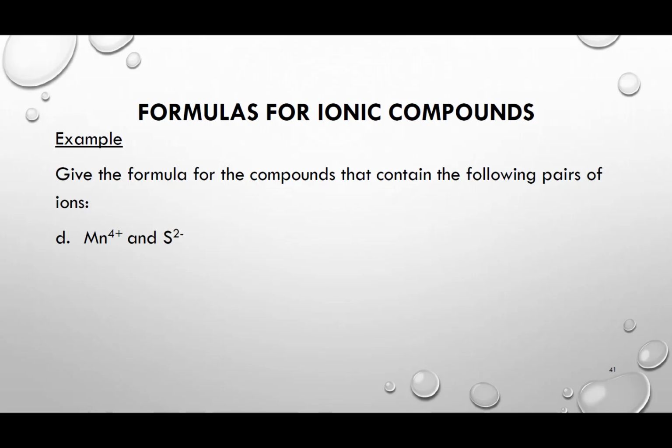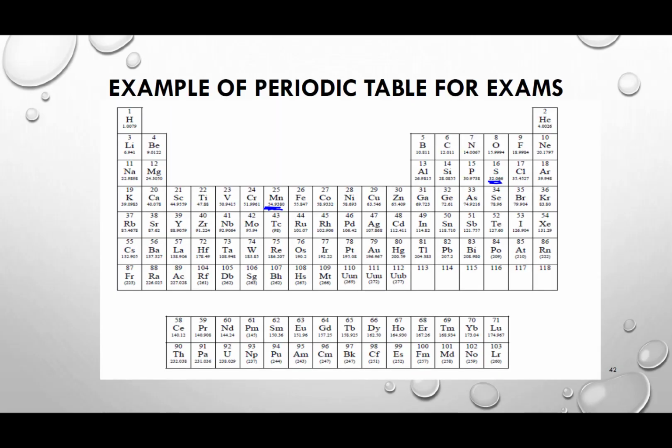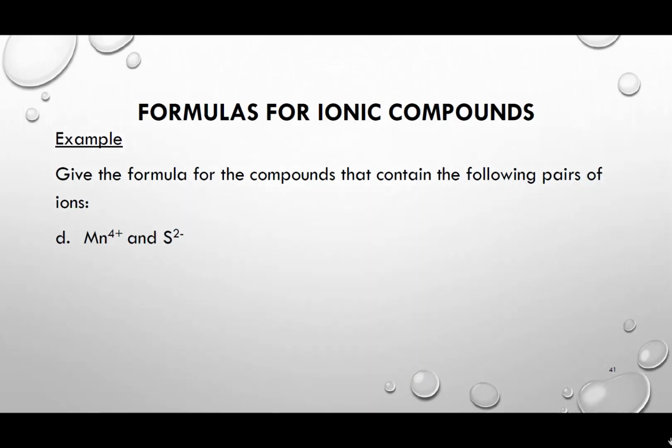But sulfur is in group 6. All the non-metals in group 6 are -2, and that's why it's -2. Now when you put it together, the cation goes first, the anion goes second.